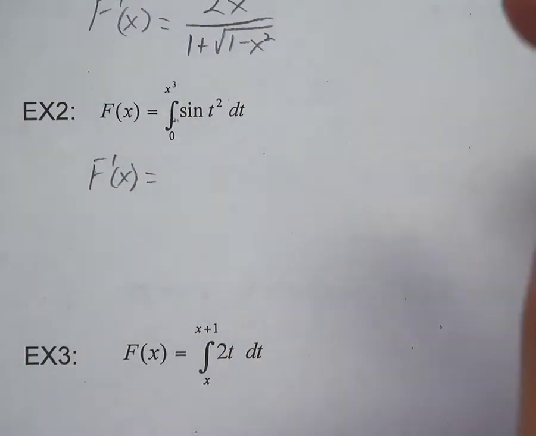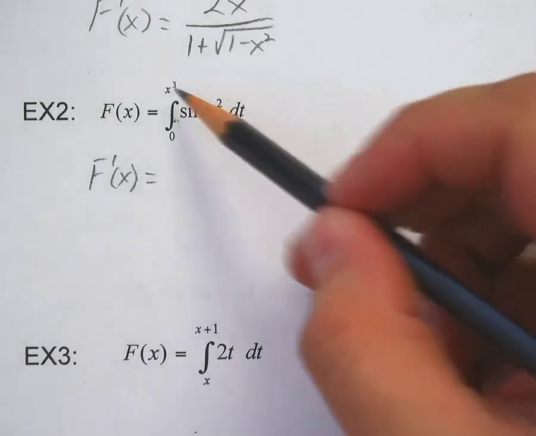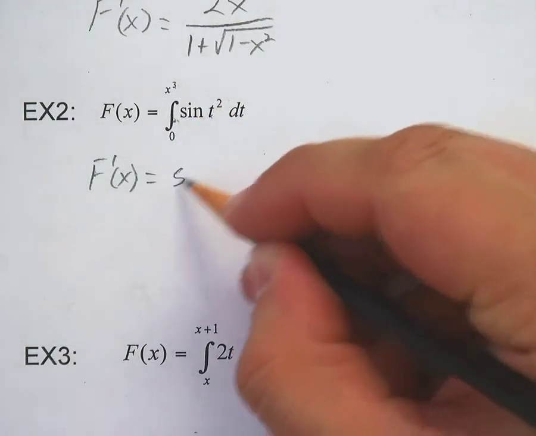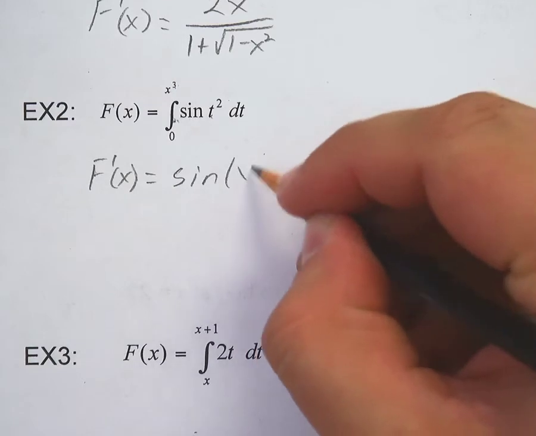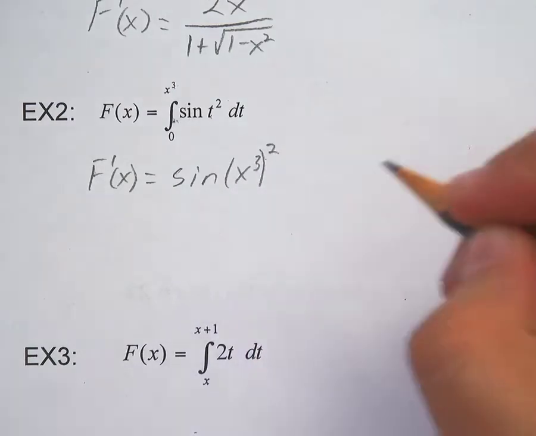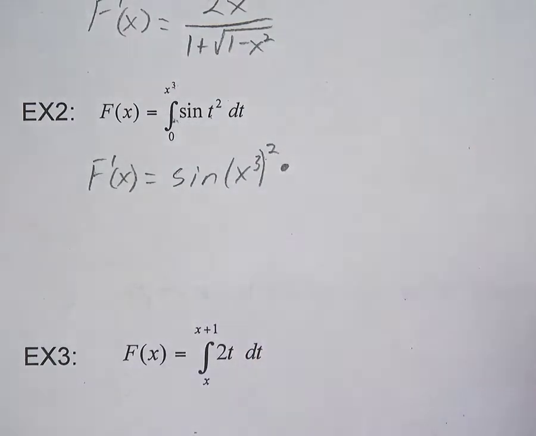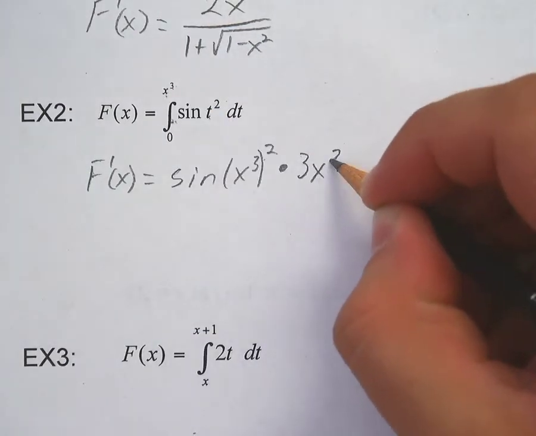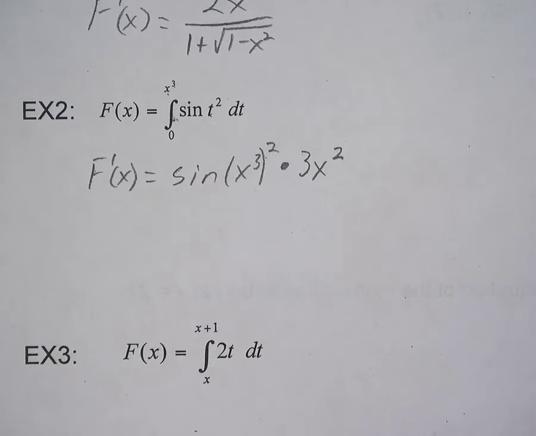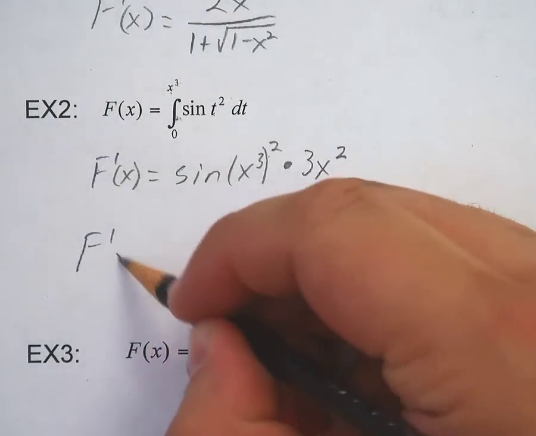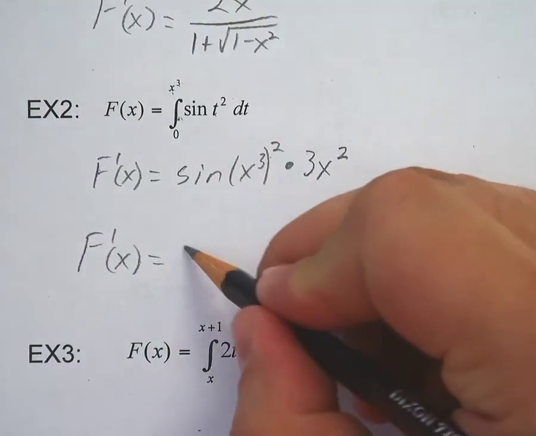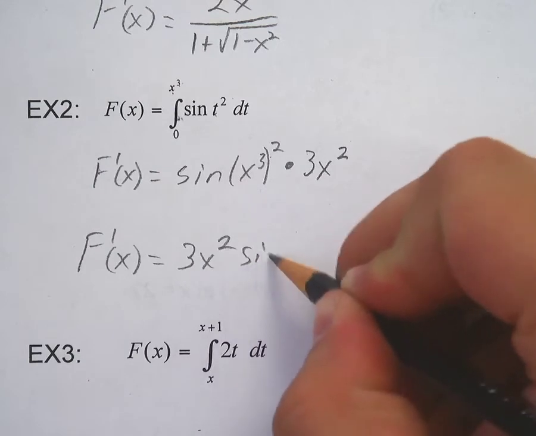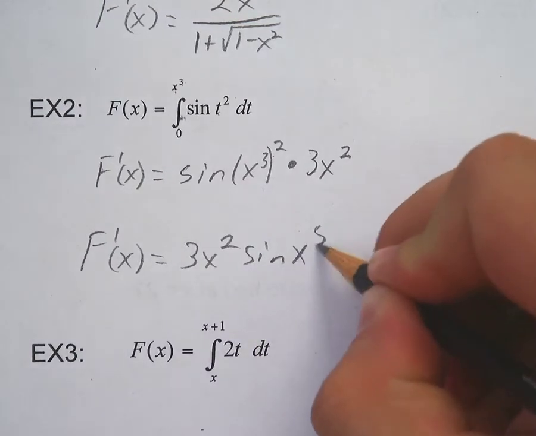So just follow the format. First we plug in x cubed into t. So it's sine of x cubed squared times the derivative of g of x, times 3x squared. And then simplify. 3x squared sine of x to the fifth?